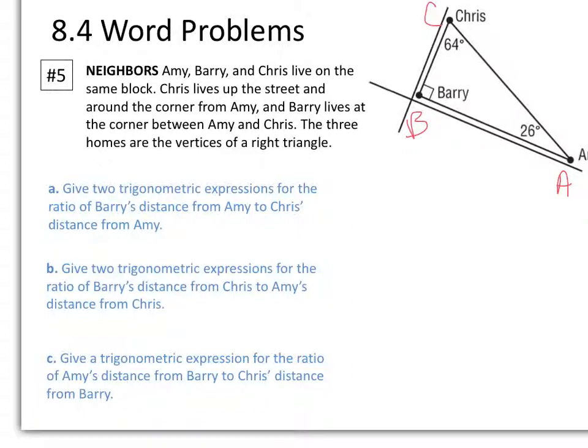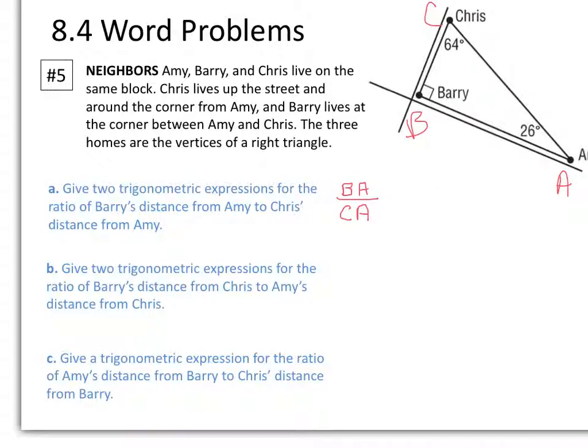Give 2 trig expressions for the ratio of Barry's distance from Amy. So Barry to Amy would be BA. So we're looking for the ratio BA to Chris's distance from Amy. So that would be CA. All right, so we're looking for 2 ways to express that ratio.